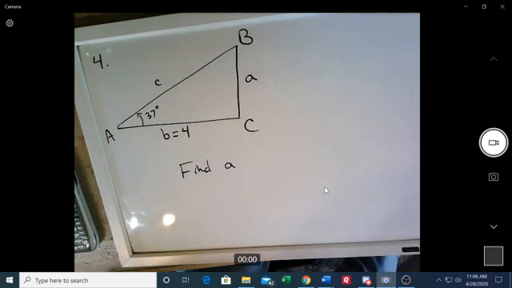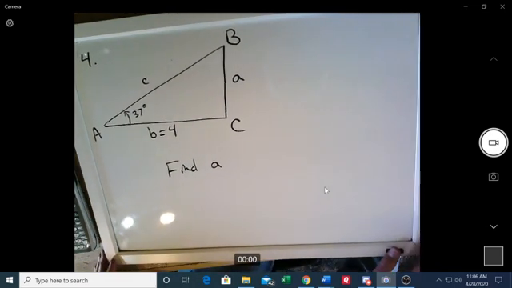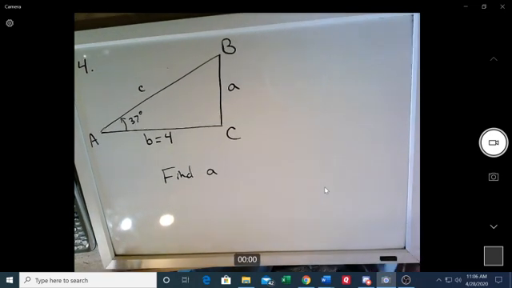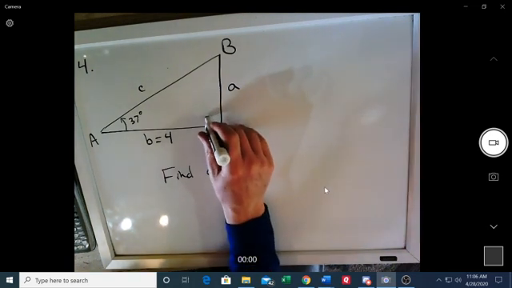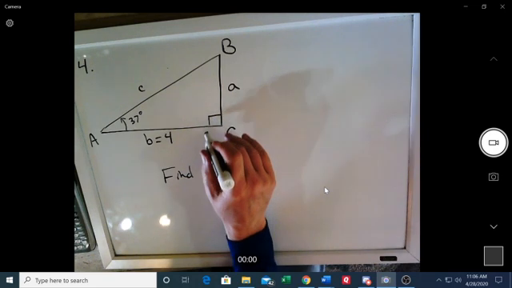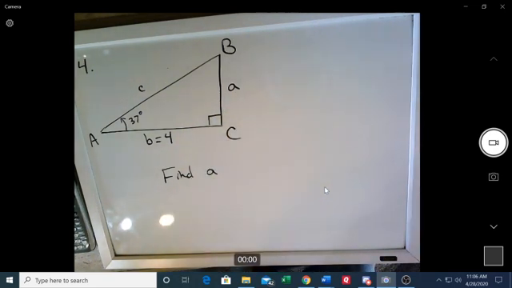Thirty seconds more. Alright, so the implication here, I should have put this in here, is that that's a right angle. You don't know how to do it if it's not a right angle.